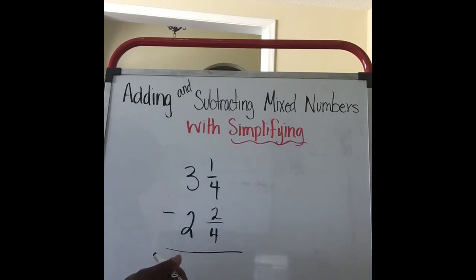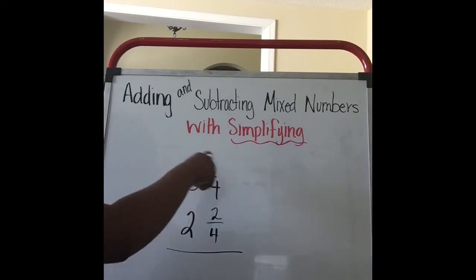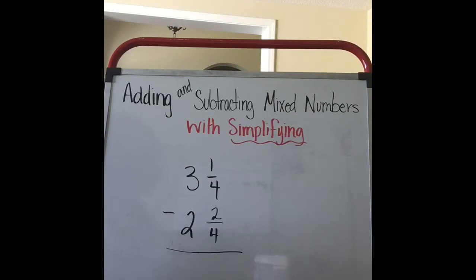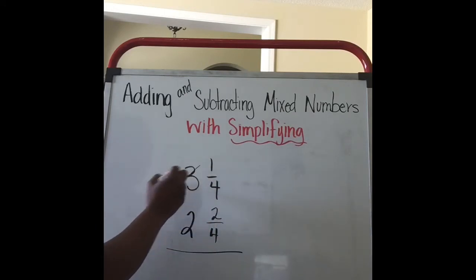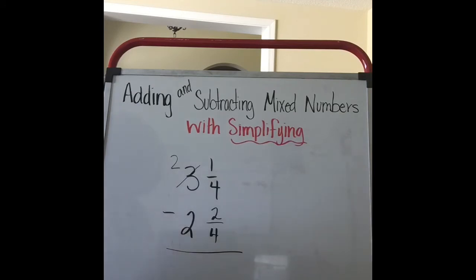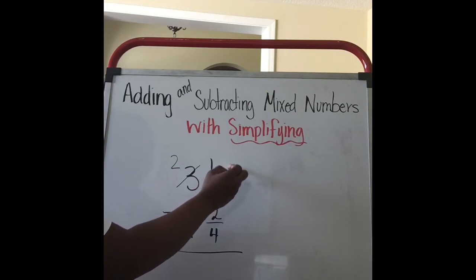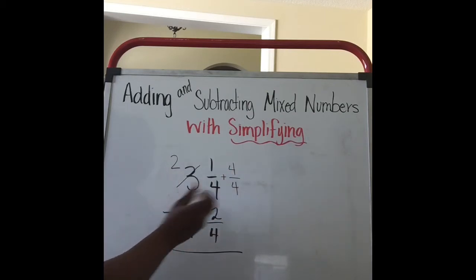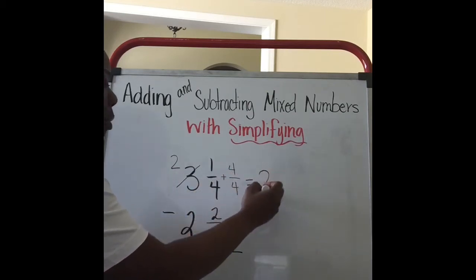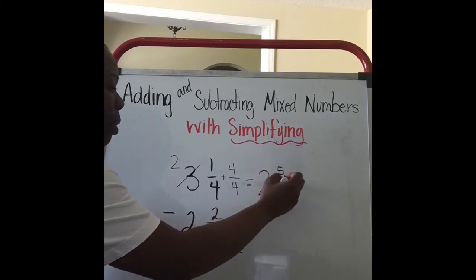So you have two options. You can either change this to an improper fraction and then subtract, or you can do like we did in class, right? We went over here, we borrowed, turned that into a 2, and then we added the 1 that we took here, 4/4. And then we rewrote our problem, 2 5/4.